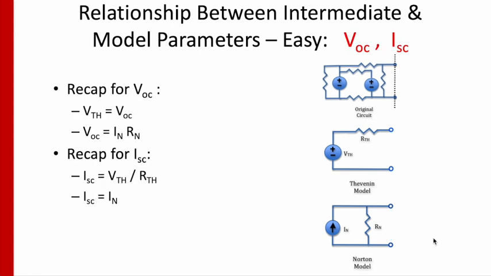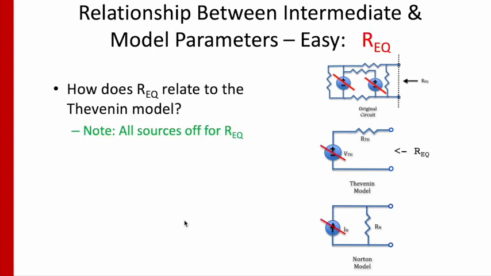Okay, recapping so far, the relationship between intermediate parameters and model parameters. Easy, no problem. For V open circuit, we have these relationships. For I short circuit, we have these relationships. One more to go. R equivalent, sometimes a favorite.